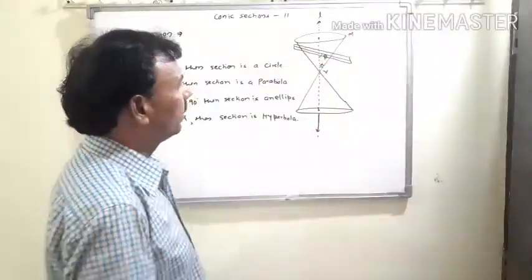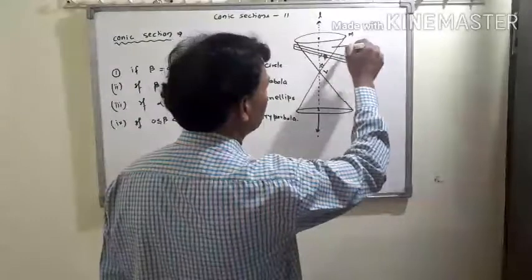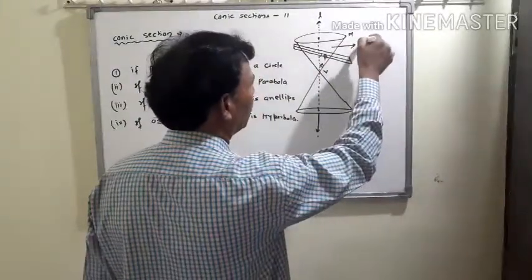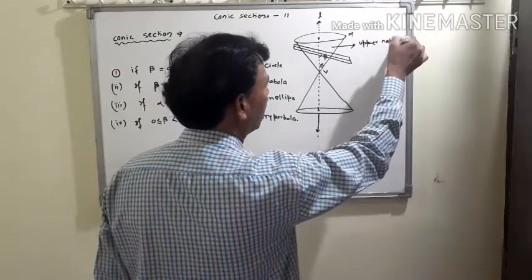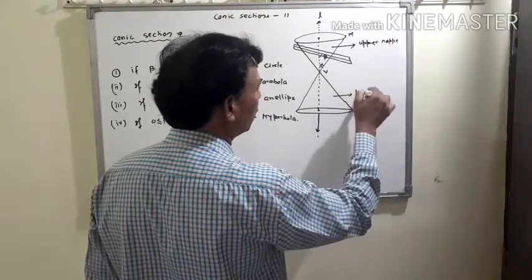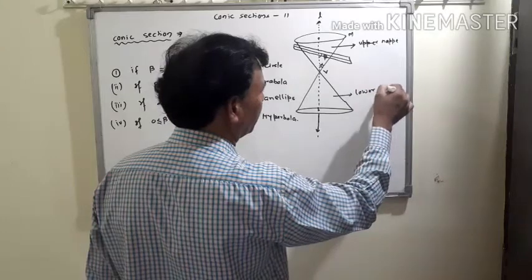formed, where this nappe is known as the upper nappe, and this is known as the lower nappe.